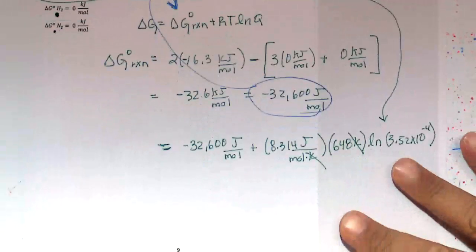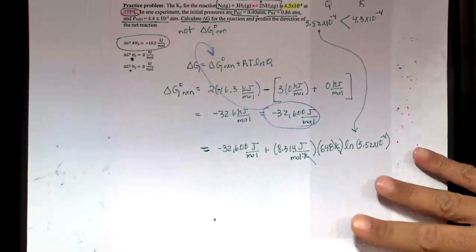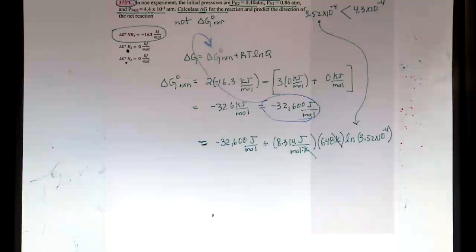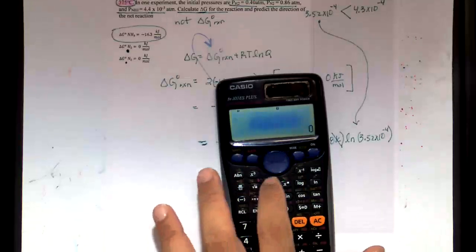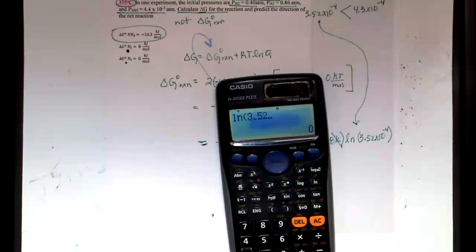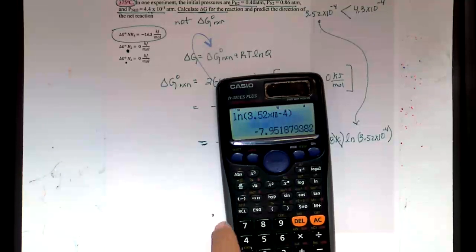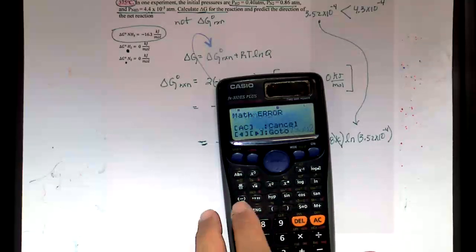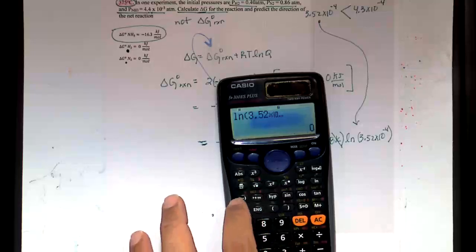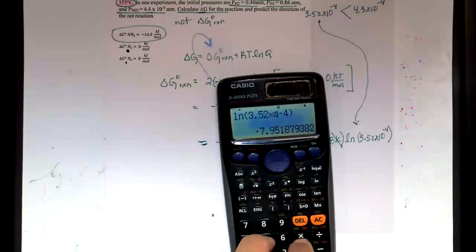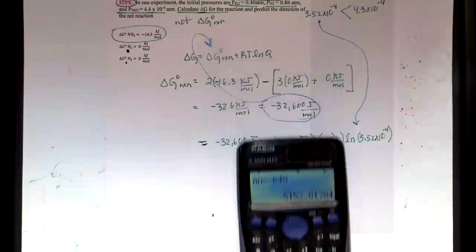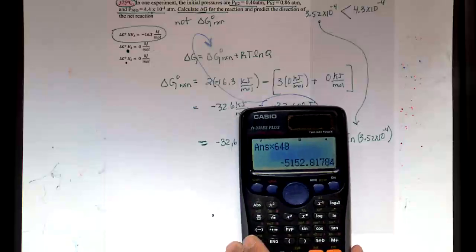First, I'll do natural log of 3.52 times 10 to the minus 4, times 648, times R, which is 8.314.